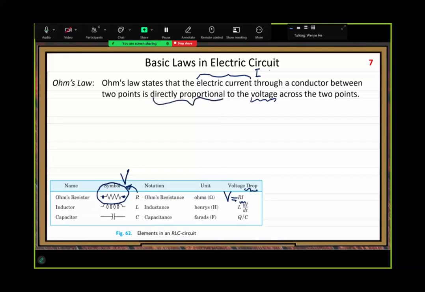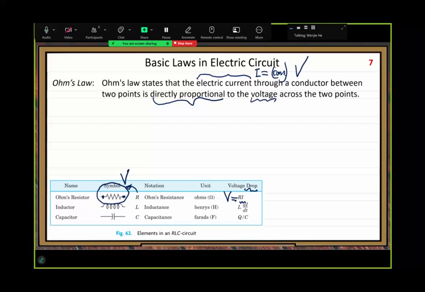Directly proportional means I equals some constant times V. But what's that constant?